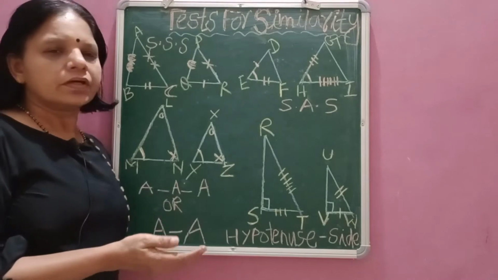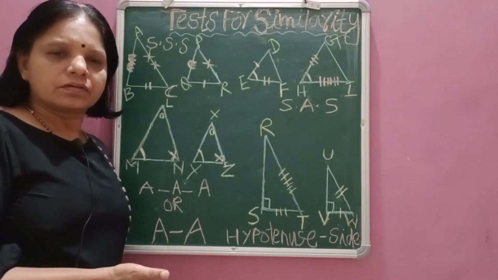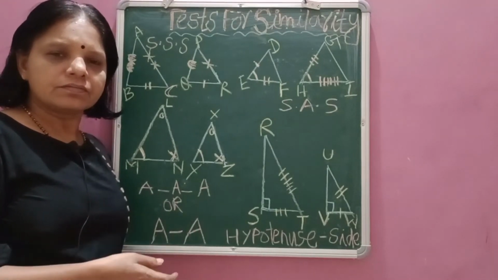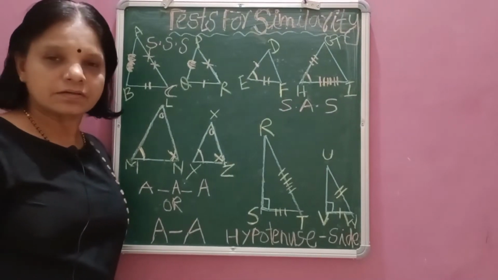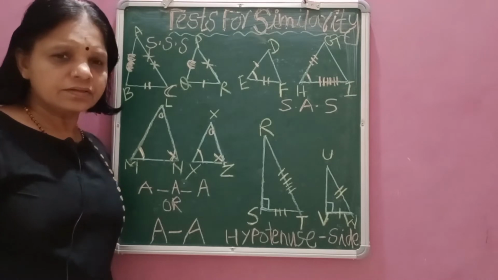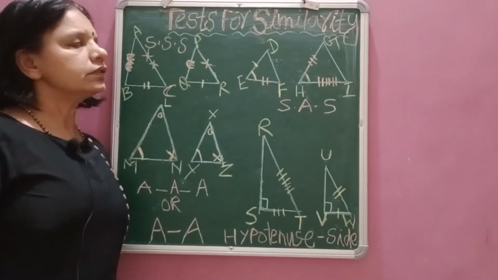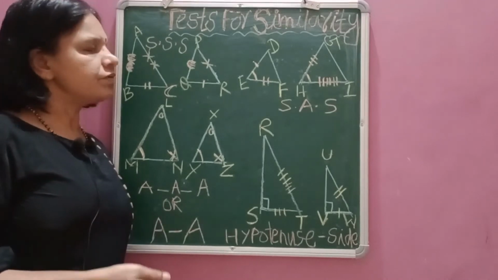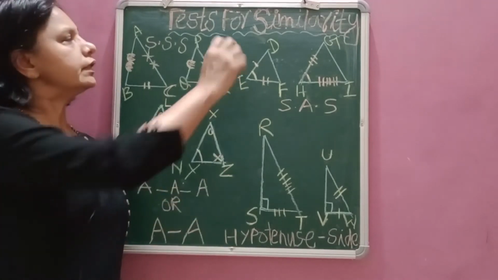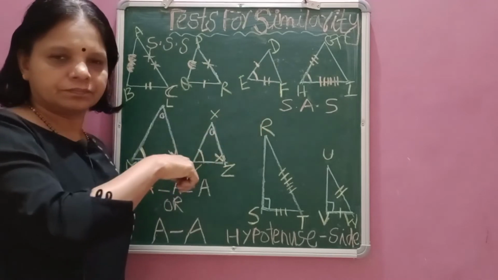So if any 3 conditions are satisfied, the remaining 3 will be automatically satisfied. These conditions are called sufficient conditions, and these sufficient conditions are called tests for similarity.